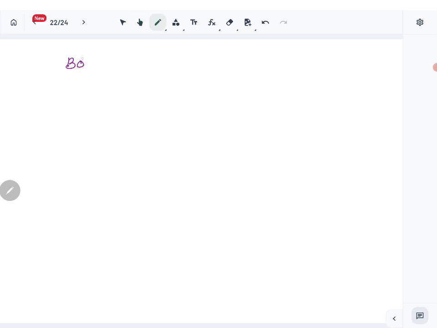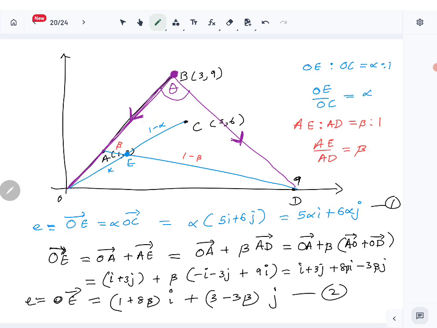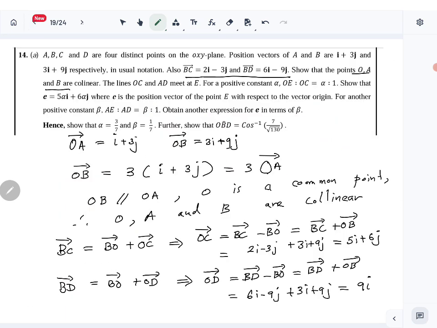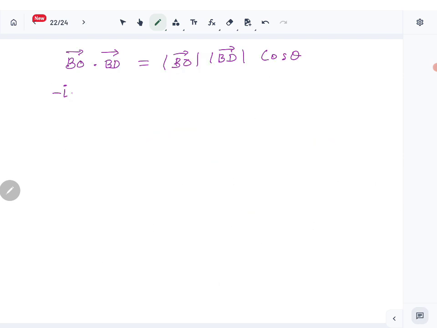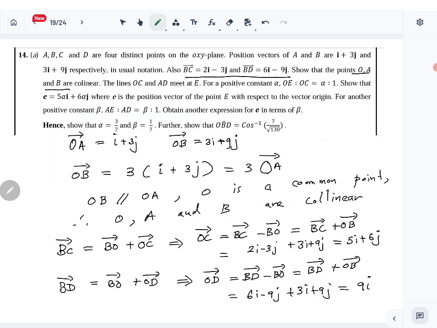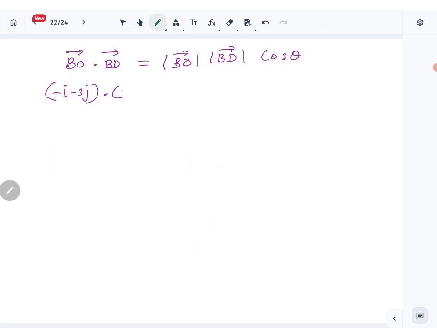So we'll do BO vector dot BD vector equals BO vector magnitude times BD vector magnitude into cos theta, which is what we want to find. So then BO is what? OB we know, no? OB is i plus 3j. So BO is minus i minus 3j, dot BD, which is 6i minus 9j. Then the magnitude of BO is 1 squared plus 3 squared.